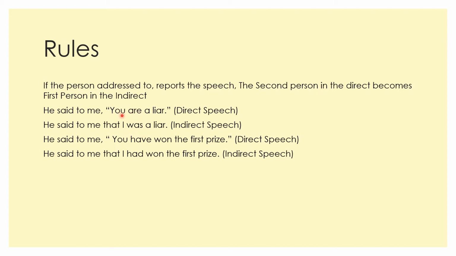But here, this rule is only to make you understand that the second person in the direct has become the first person in the indirect if the person addressed reports the speech. He said to me, you are a liar. So he said to me that I was a liar. He said to me, you have won the first prize. So in the indirect, it will be he said to me that I had won the first prize.